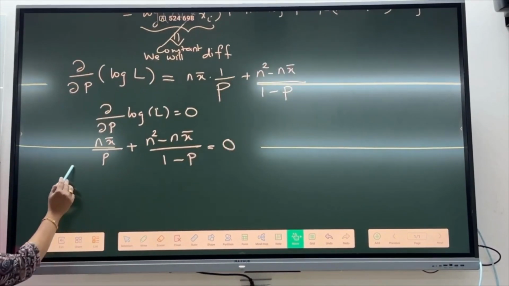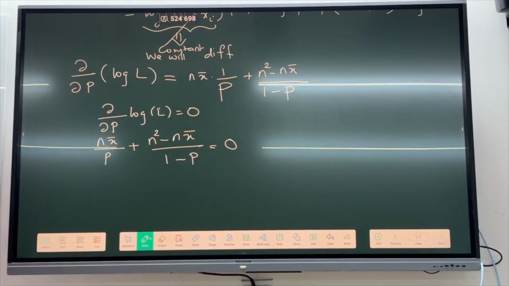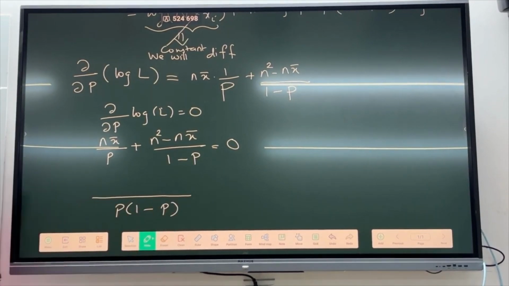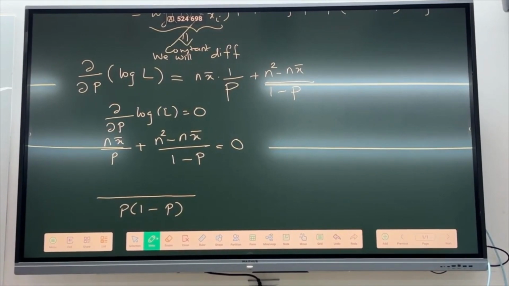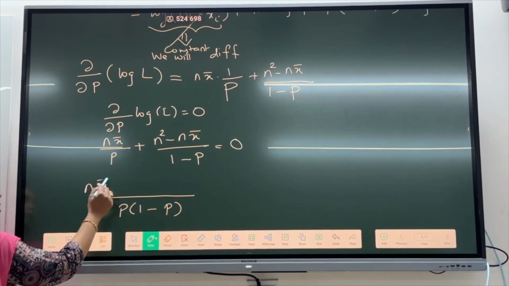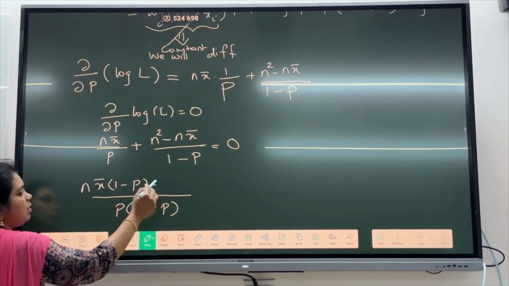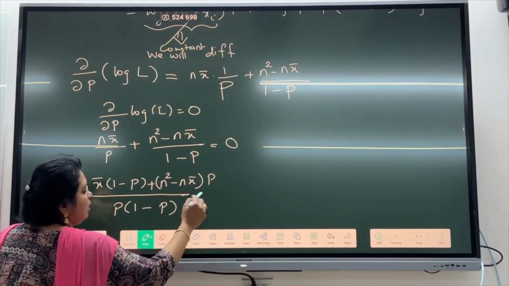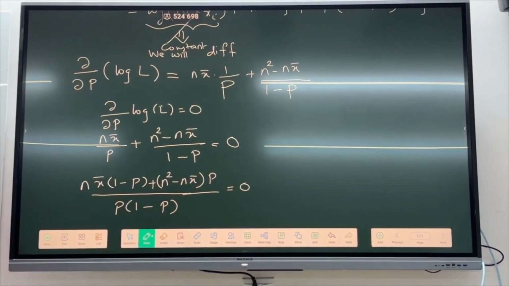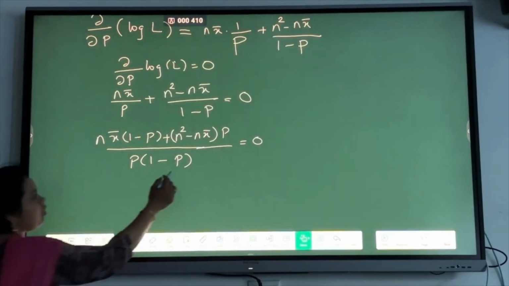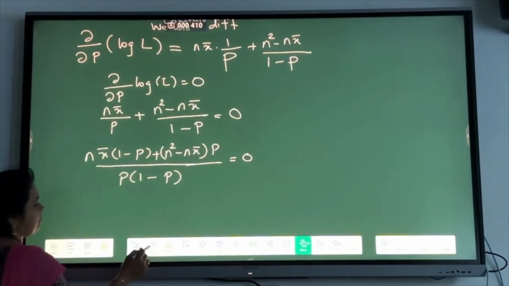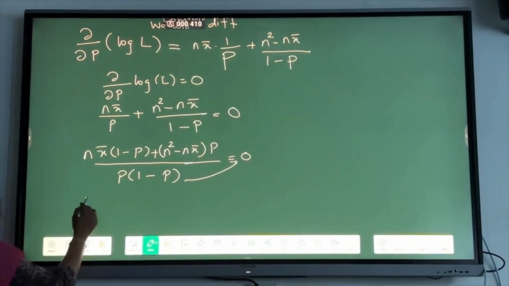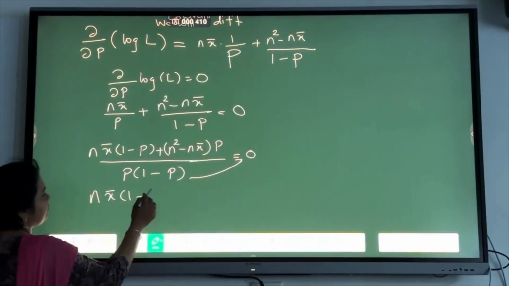The LCM is P into 1 minus P. Cross multiply: n x bar into 1 minus P plus N square minus n x bar into P equal to 0. Now the denominator becomes 0, so the numerator should be 0.